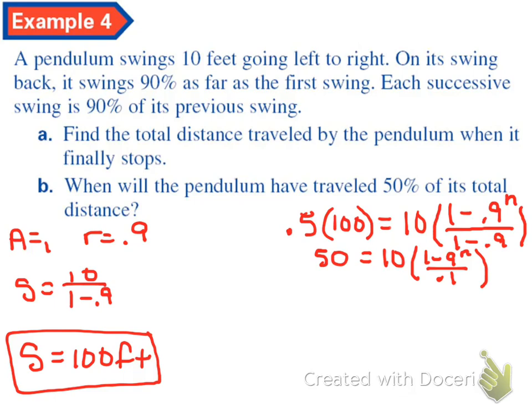Go ahead and get rid of the 10 by dividing both sides by 10, which would leave you with 5 is equal to 1 minus the 0.9 raised to the n power over 0.1. Get rid of the 0.1 by multiplying both sides by 0.1. 5 times 0.1 would give you 0.5.